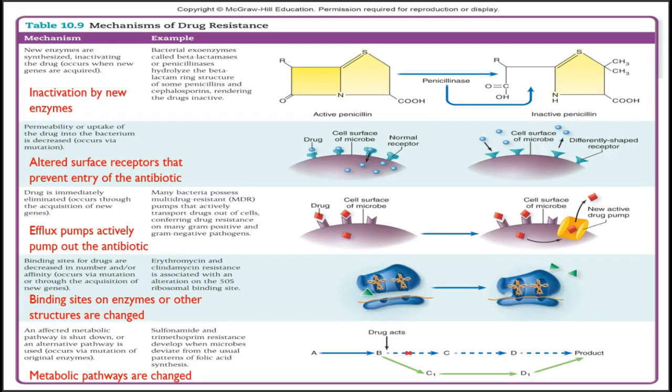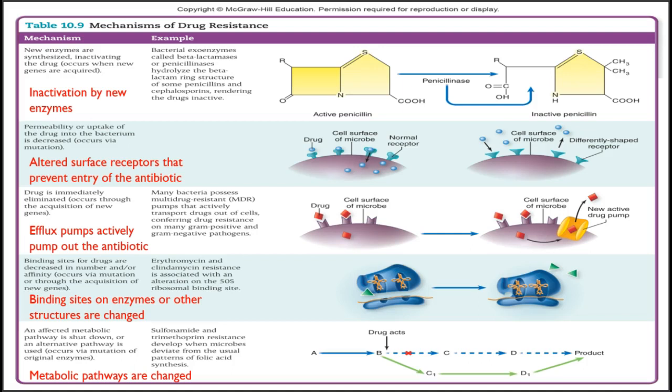So this diagram is from your text, and it illustrates the number of ways that microorganisms have developed mechanisms to resist antimicrobial therapies. The text in red I added as a summary really of what these mechanisms do.